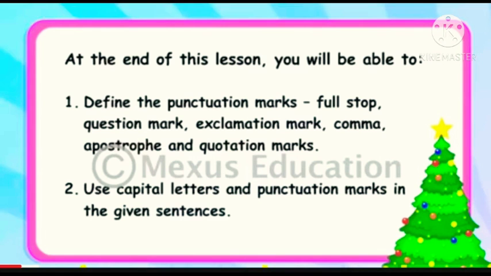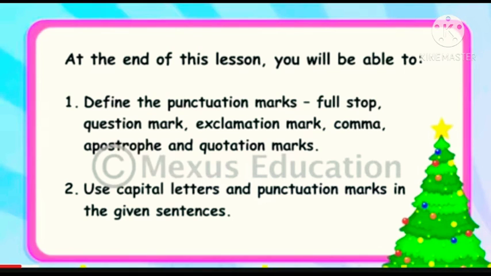Let us know the learning objectives of the chapter: by the end of the lesson you all will be able to know about all kinds of punctuation marks, how many kinds of punctuation marks there are, how they look like, and the very important point, the use of capital letters.